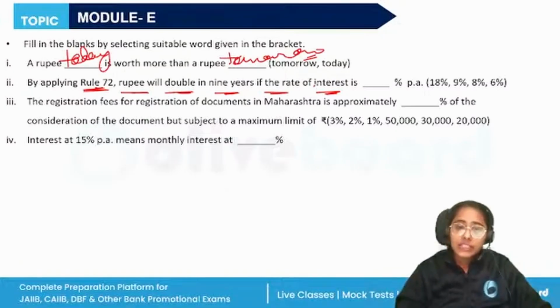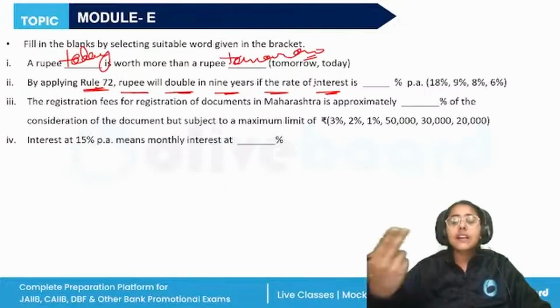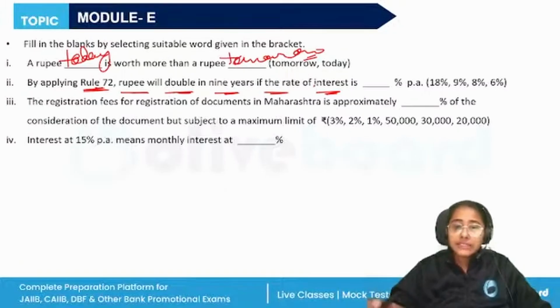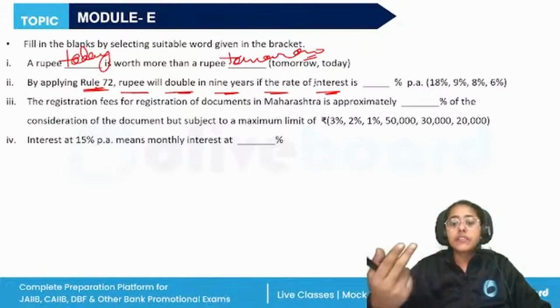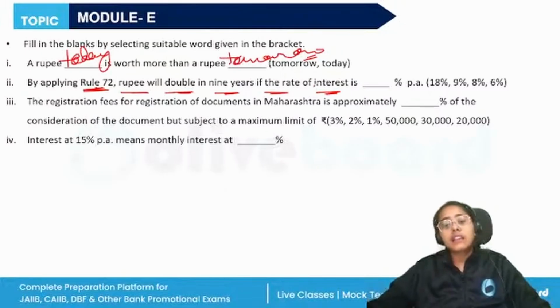So a rupee today is worth more than a rupee tomorrow. This means to permit realistic appraisal, the value of the cash payment or receipt must be related to the time when the payment takes place. So we can say that rupee 1 received today is worth more than rupee 1 which will be receivable at a future date.